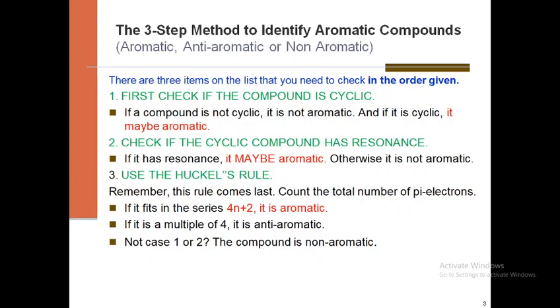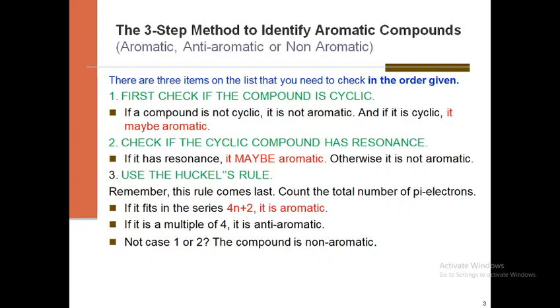Why? Because not all cyclic compounds are aromatic compounds. In other words, to become an aromatic compound, it must have a cyclic nature. So all aromatic compounds are cyclic, but not all cyclic compounds are aromatic. Clear?